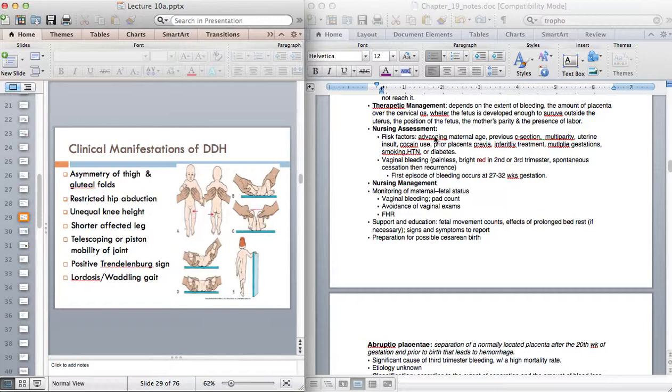There is also the Trendelenburg sign for the older child. Also, you will notice that the greater trochanter appears prominent, and it aligns with the anterior superior iliac spine.